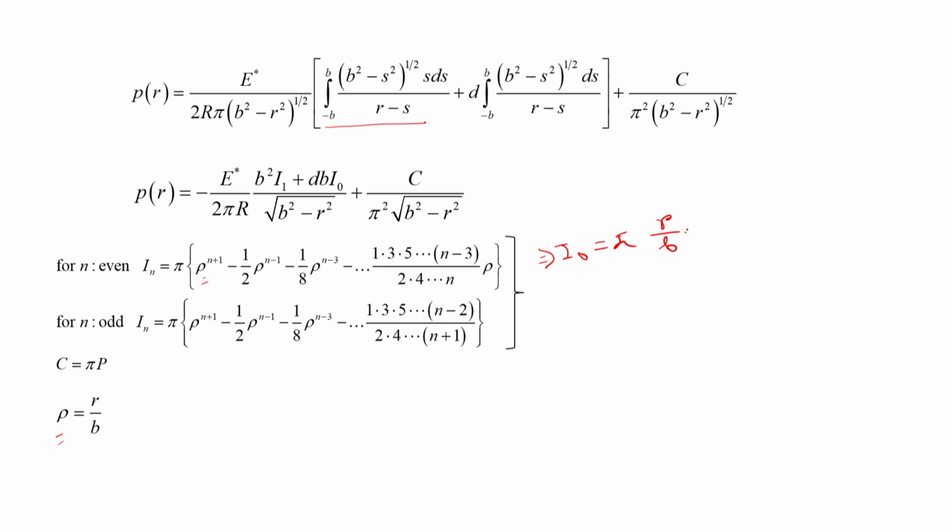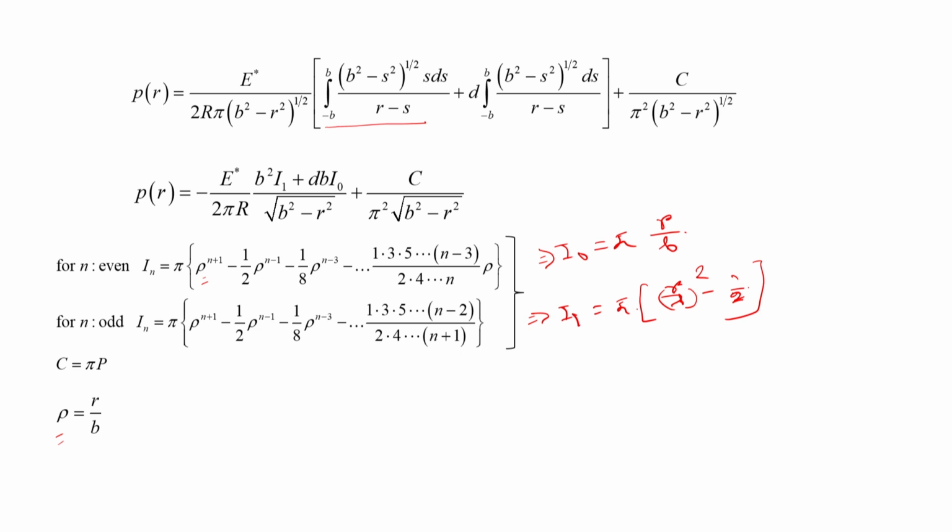And for I1, I have to write pi and here n is equal to 1. So, it is odd. So, it is r by b whole square minus half, and for n equal to 1 it is 0 there. So, that is it.